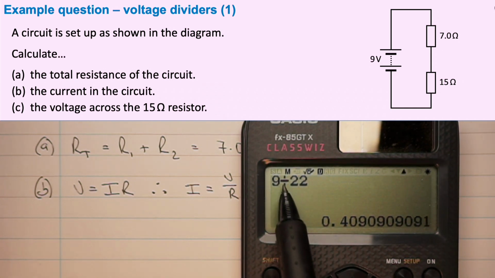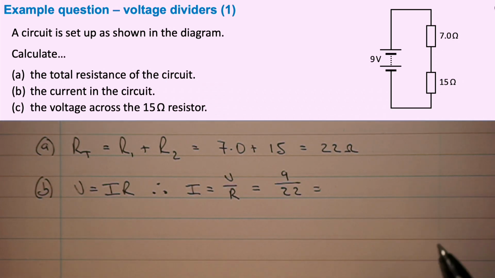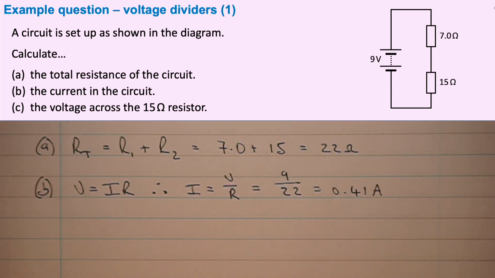So there's the supply voltage, there's the total resistance. 0.409090991, to 2 significant figures, would be written as 0.41, and of course it's amps. Again, if you're not sure about rounding your final answer, there is a video about that.